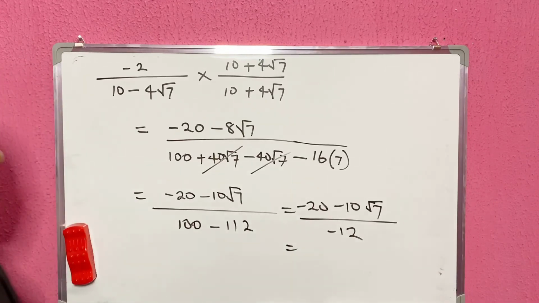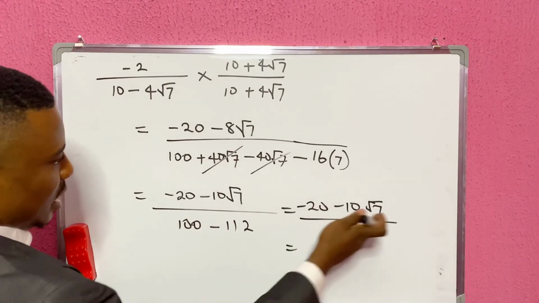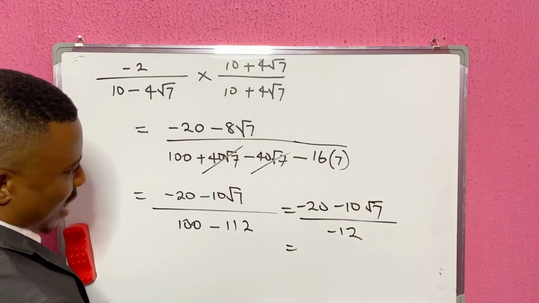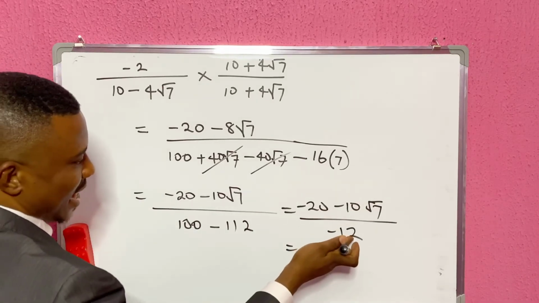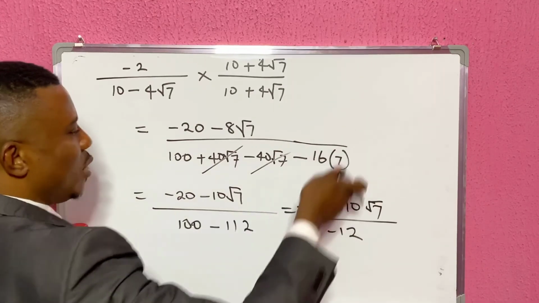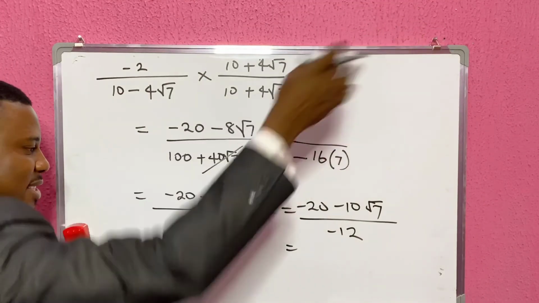What will you have? To divide this, you ask yourself, what is there in 12 and is here? Because I am intending to make it look like what I'm asked to get.